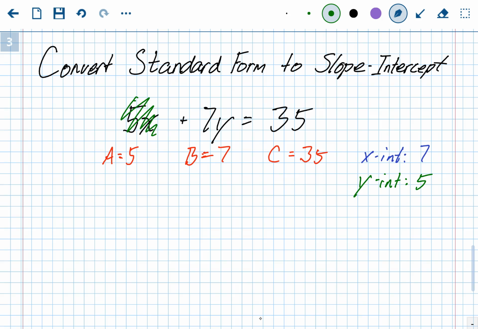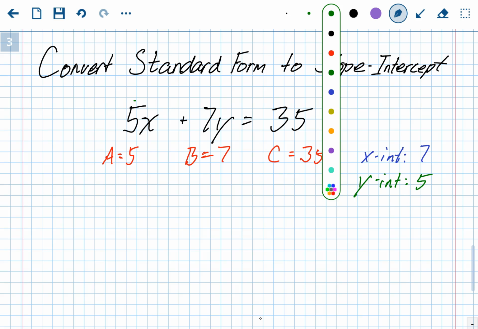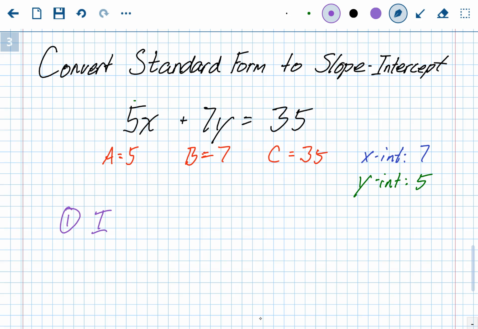Okay. All right, well, let's now convert that to slope-intercept form. We got as much information from standard form as we could. The key for slope-intercept form is that you have to isolate y. So the goal is to isolate y. Slope-intercept form is also called y equals form because it's just y equals everything else in the equation.